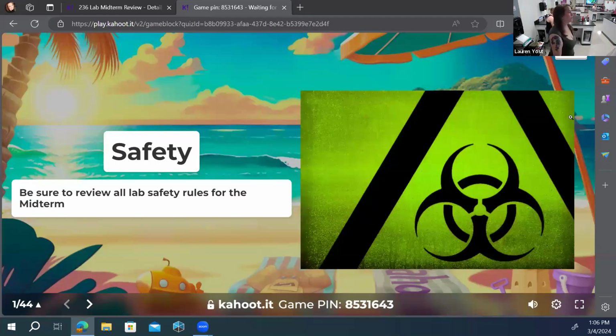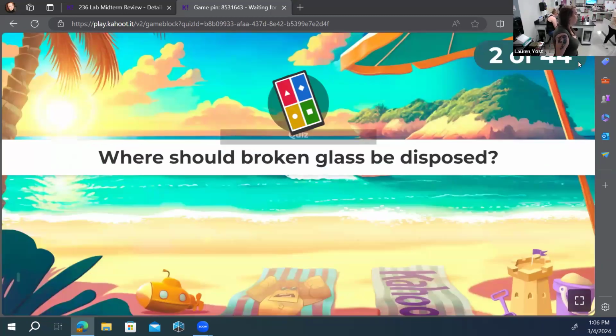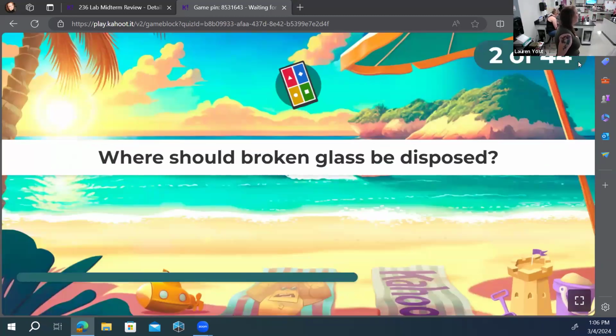All right, so first things we're going to talk about are safety rules. You will get quizzed a little bit on these, just kind of obvious ones, I feel like. Where should broken glass be disposed?